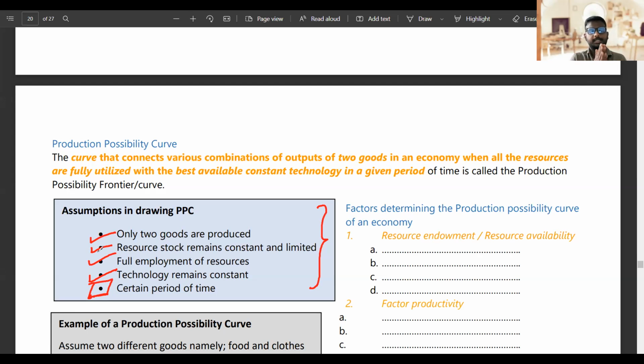So these are the assumptions you make when you draw a production possibility curve, right? So I believe everyone would have received full marks for this question. Is that a yes or no? All 4 marks, yes.